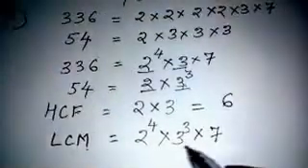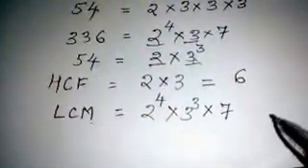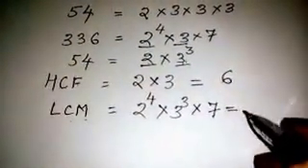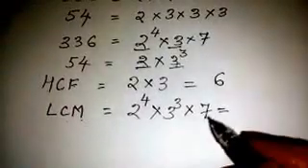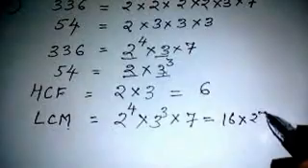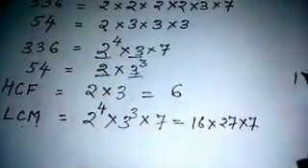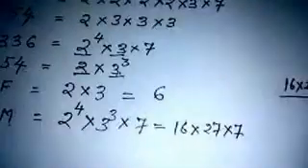Here we need to write all the factors, not only common. In HCF we take only common factors. So now we multiply these. We get 16 into 27 into 7. So let us multiply 16 into 27.